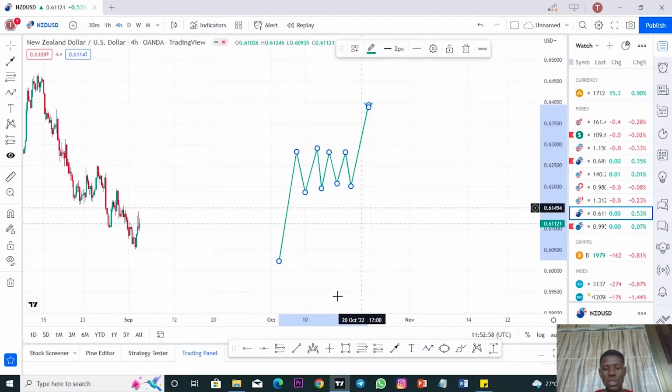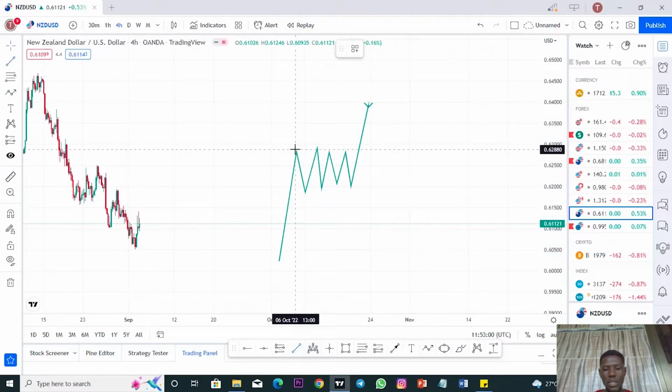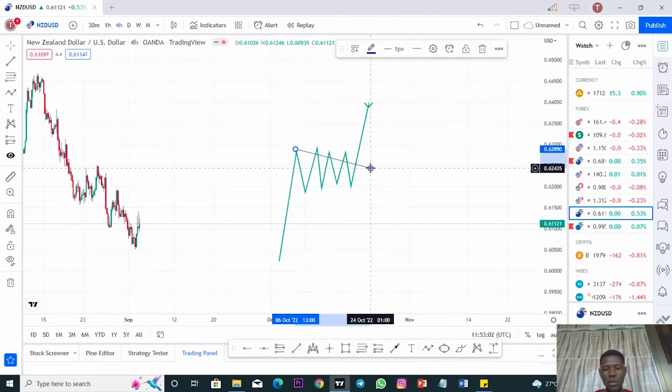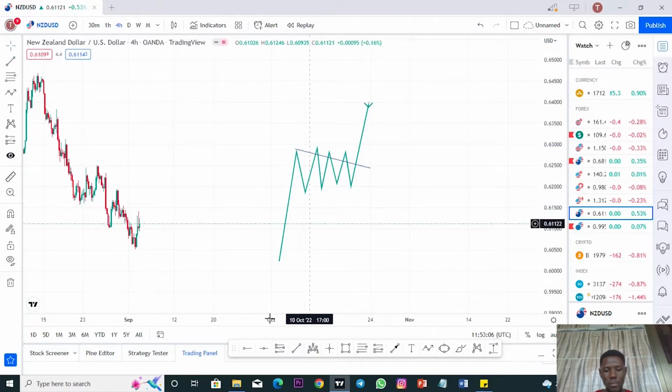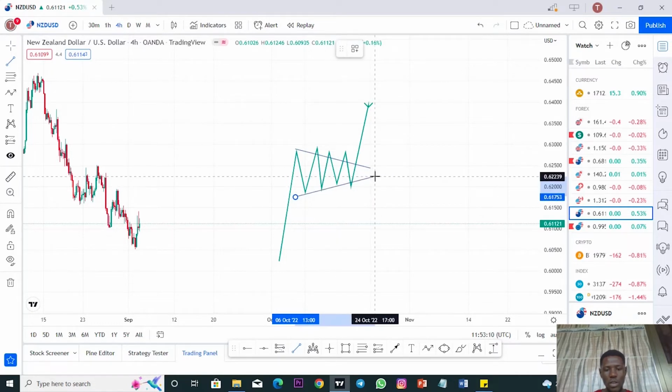So you will see price create a structure like this.